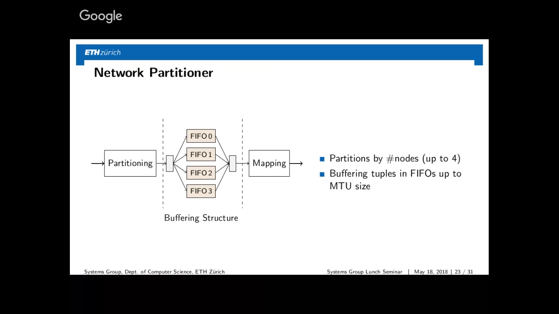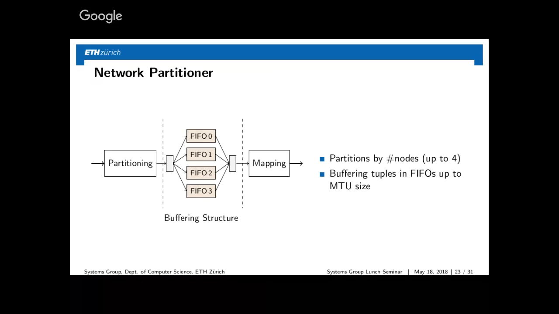On the network, you have a maximum packet size, or MTU, maximum transfer unit. And we want to maximize this to reduce the overhead due to packet headers and so on. In Ethernet, this is 1500 bytes. So here we accumulate tuples until we reach this MTU, and then we flush it out and send it over the network.